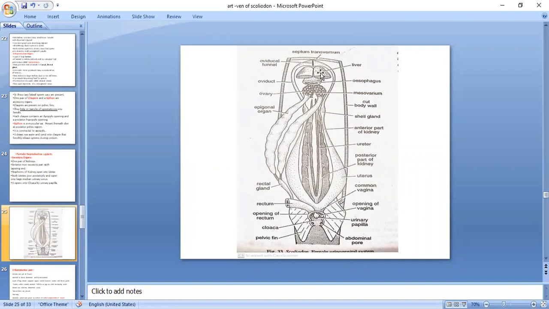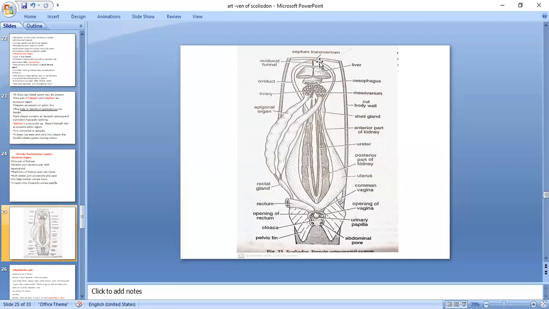This female gonoduct is a very long tube-like structure. Its middle part is called the shell gland, which secretes a thin shell-related membrane surrounding the eggs.